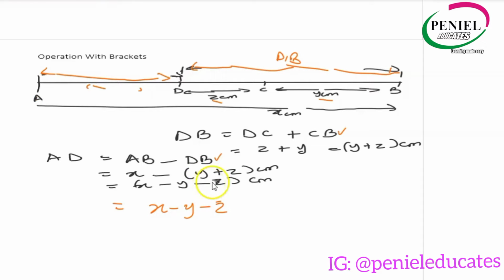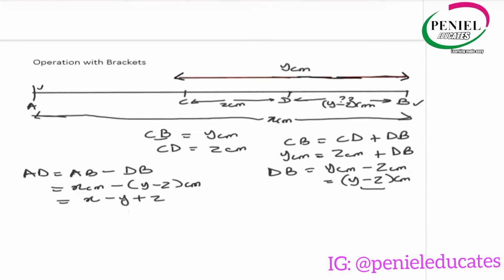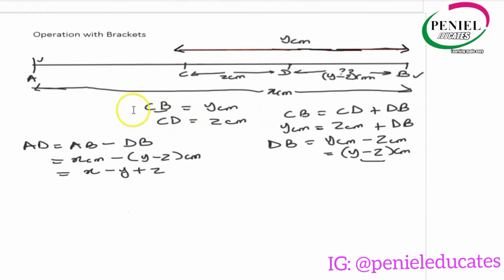So let's look at the last one in this operation of brackets, just to buttress what we have been talking about. If you look at this one also, we have our line AD, which is what we are looking at.